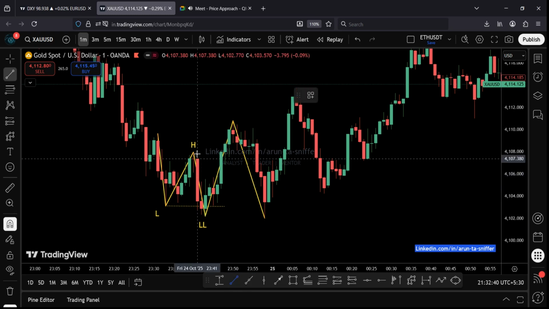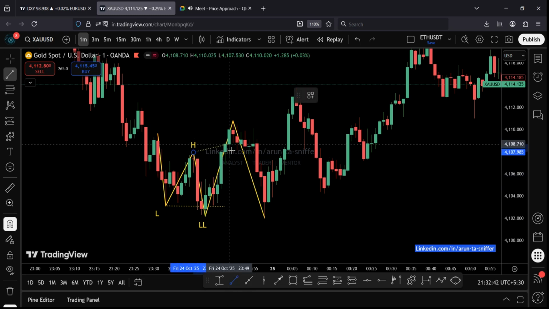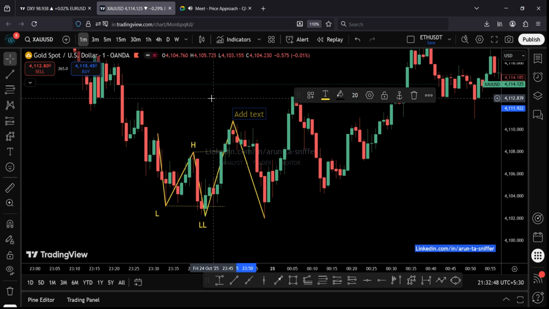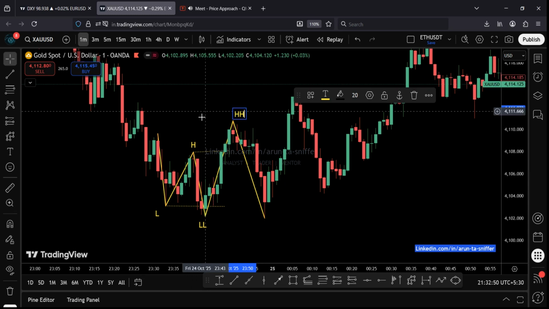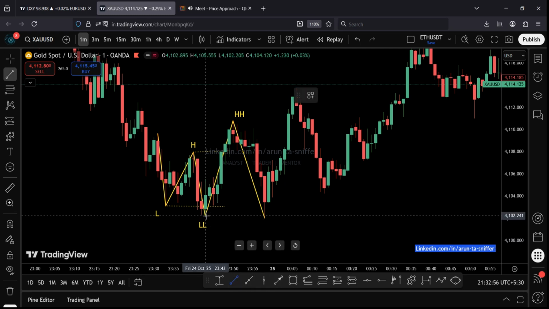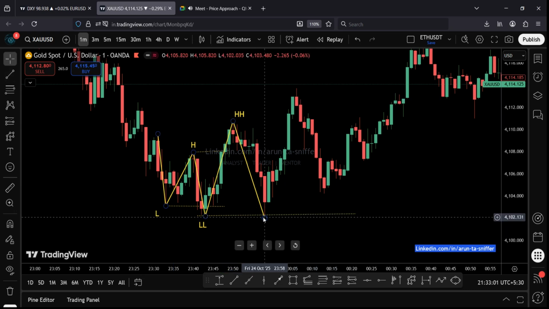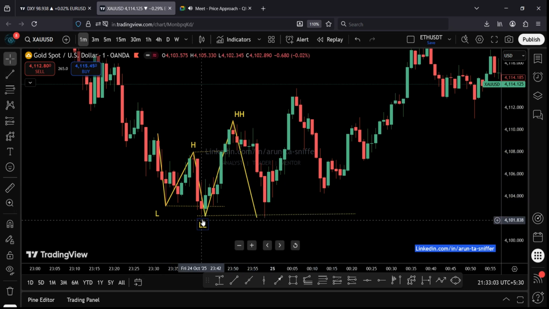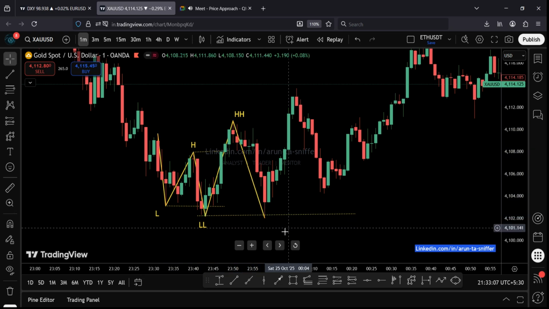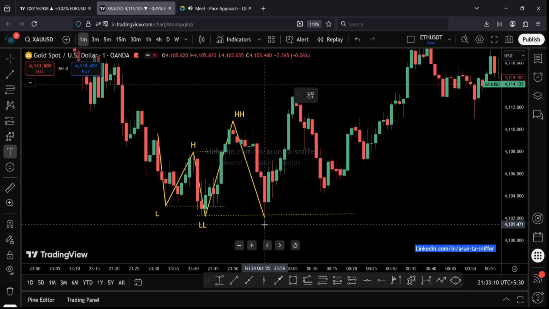Then makes higher high by crossing this. Here is higher high. Then come back and make lower low again. If we draw a line from here, you can see this cross this line. So this is our lower low.